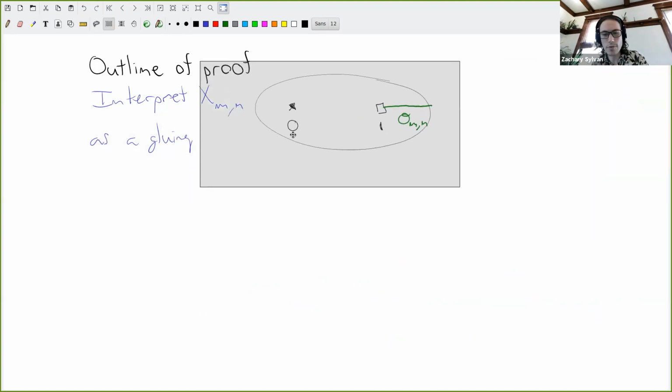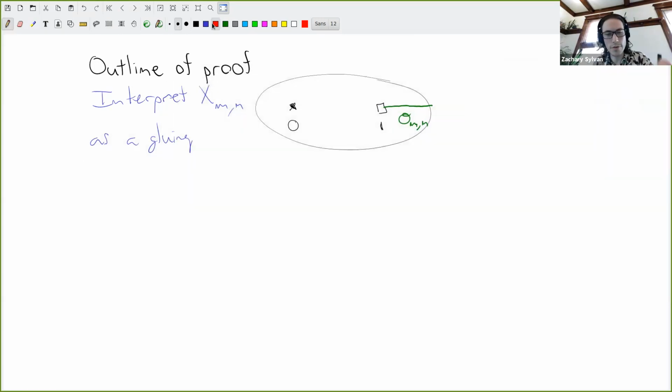And we're going to want to put that over here. So how are we going to view this as a gluing? Well, we can cut this in half and separate those two special fibers and try to understand each side individually. And it turns out that basically every piece of this gluing has been studied before.